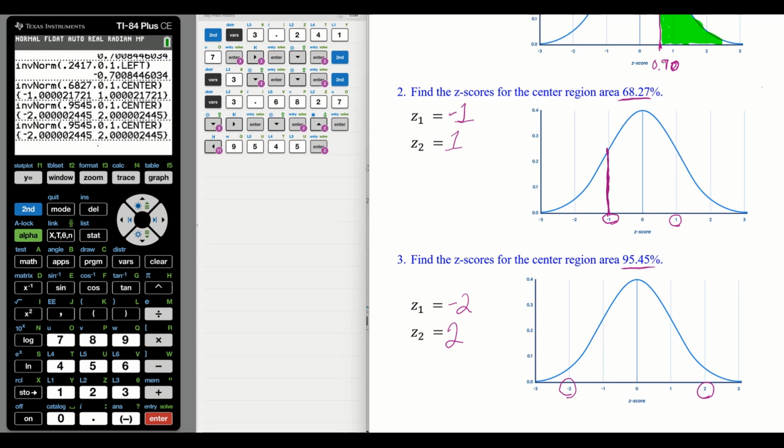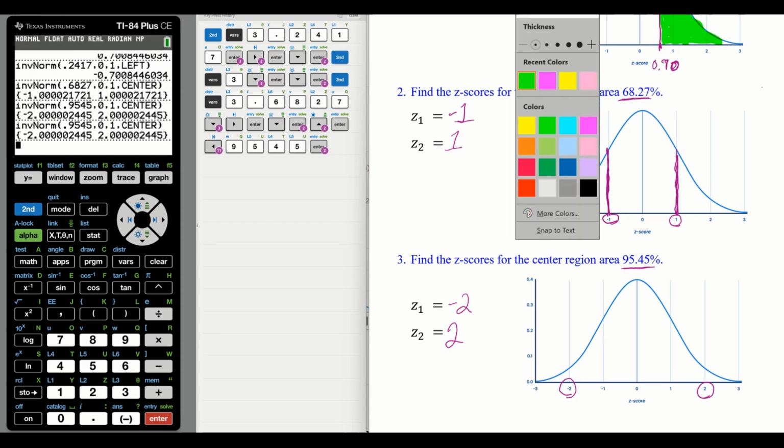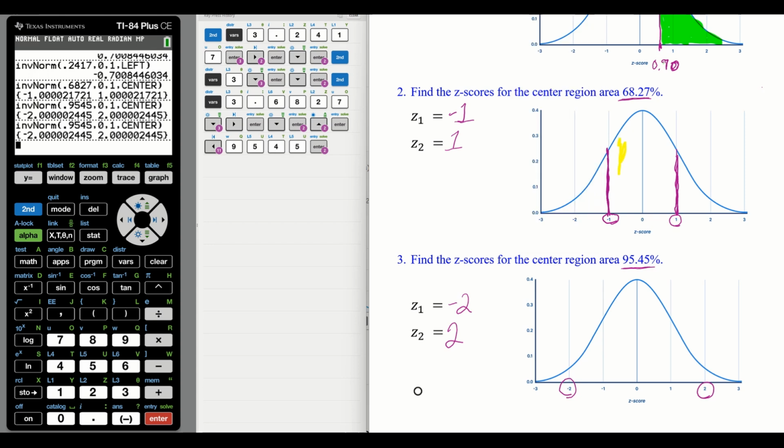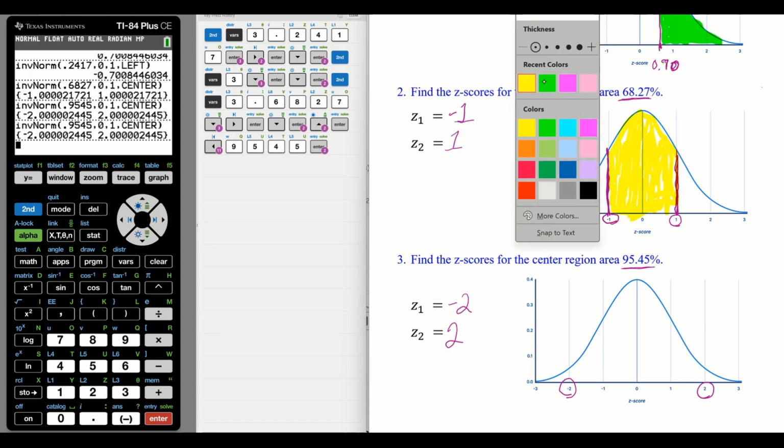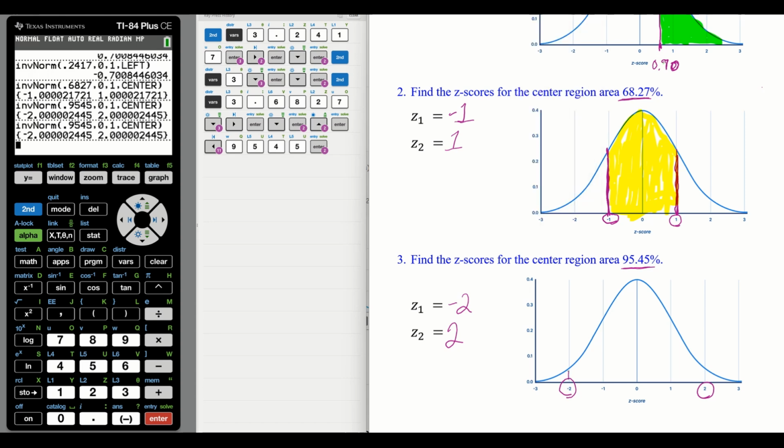Let's pretend like I can draw. Okay, let's shake it up a little and let's do a little highlight there. Okay, let's change colors. Make it look good. Oh, before I do that, I got to draw my line. It's not much of a line.